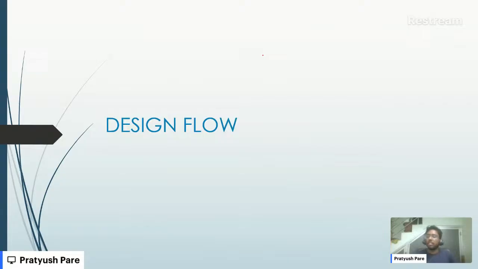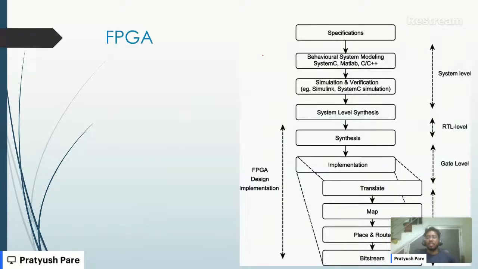Okay, let's start with the design flow. I hope everyone is with me currently. So in general, how is an FPGA designed and how is it used? The flow looks the same: you have some specifications.